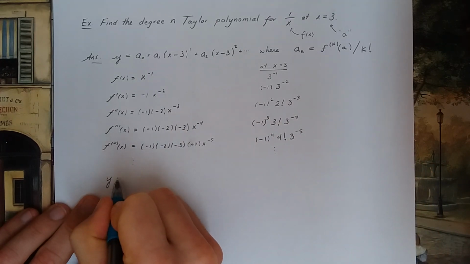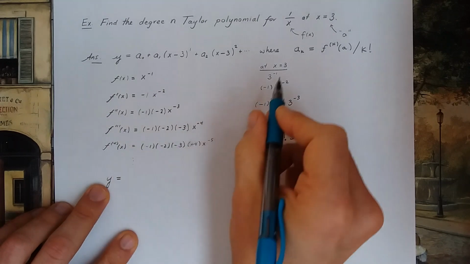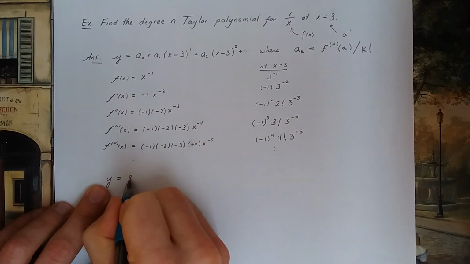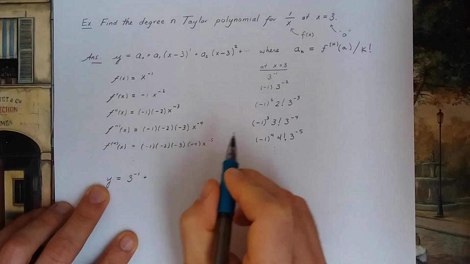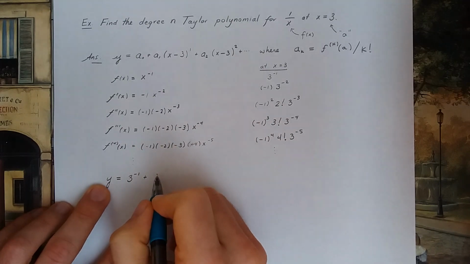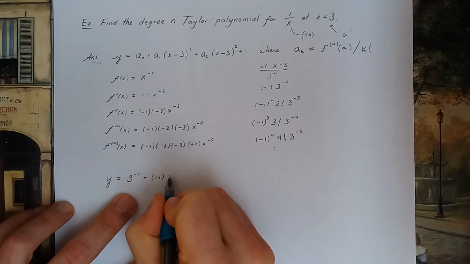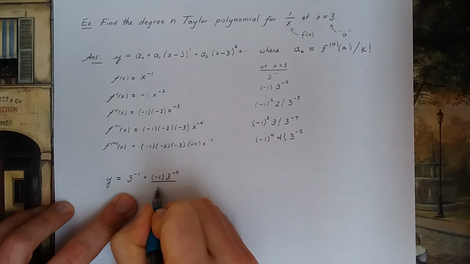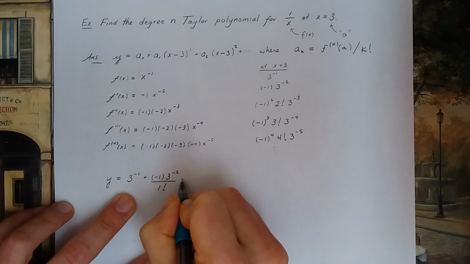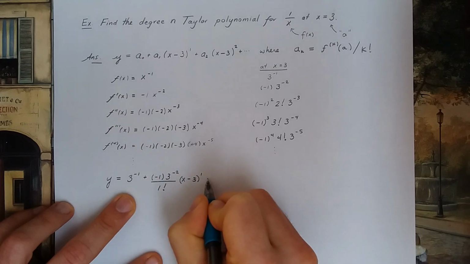Therefore, my Taylor polynomial is the a0 term, which is 3 to the negative 1, plus the next term. The next term would be negative 1, 3 to the negative 2, divided by 1 factorial, x minus 3 to the first.